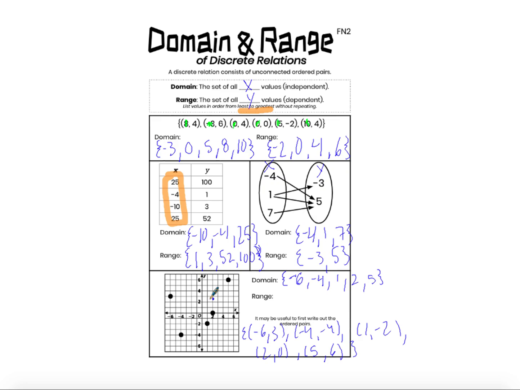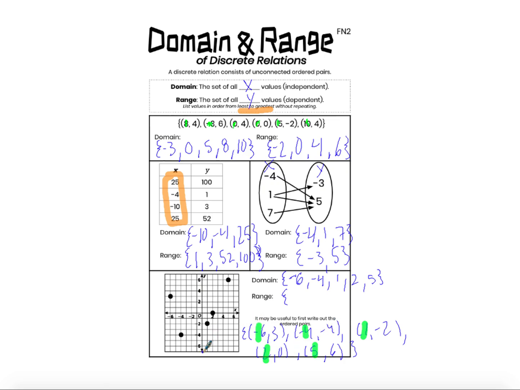Once we write down the relation as a list of ordered pairs, we can just look at the x values and translate that up here in the domain. So -6, -4, 1, 2, and 5. I could just write down the range from these ordered pairs, but I'm going to try my other strategy first.